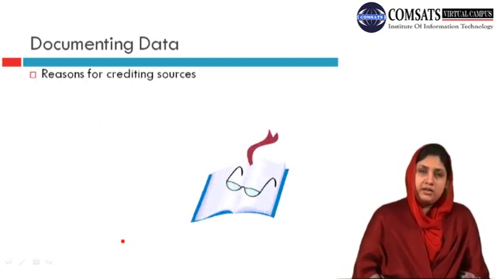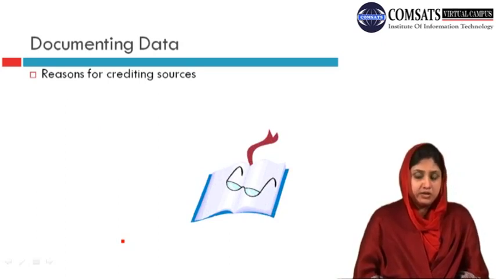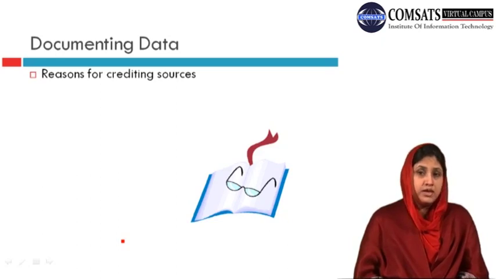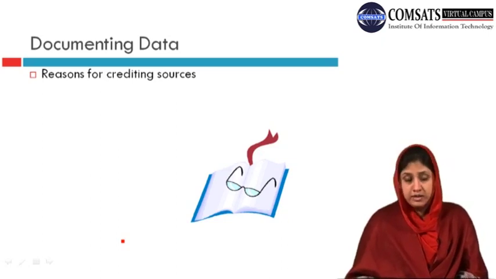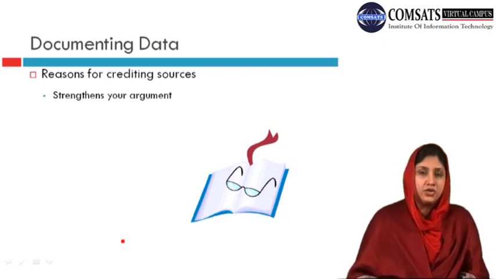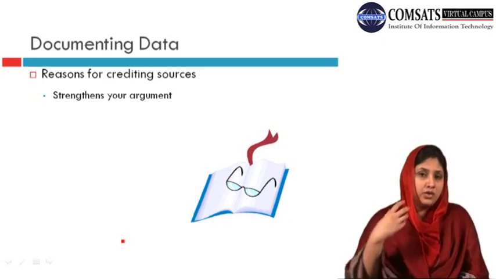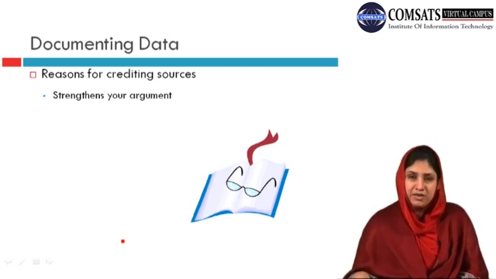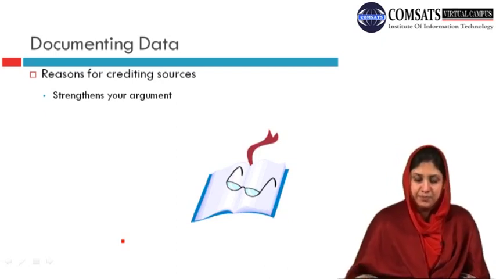So you need to know the reasons for crediting sources, why you are using some sources and why you are not using the others. If you are preferring some kinds of sources to take data from, you should be able to provide reasons and logic for this if you are asked. It strengthens your argument for why you have picked this particular source for this data.